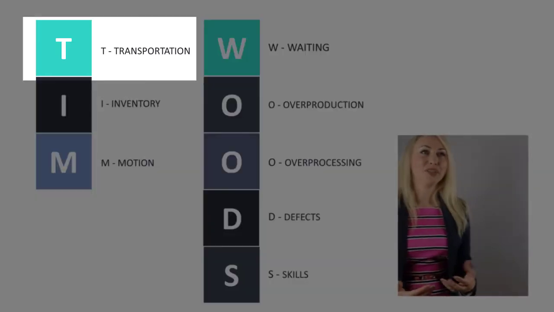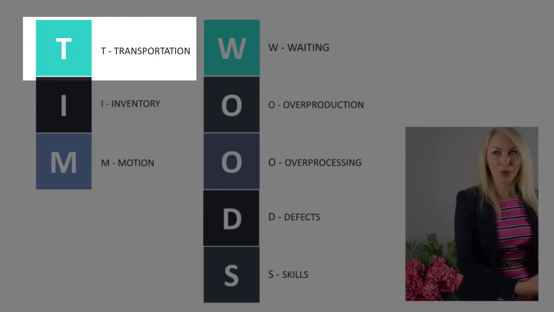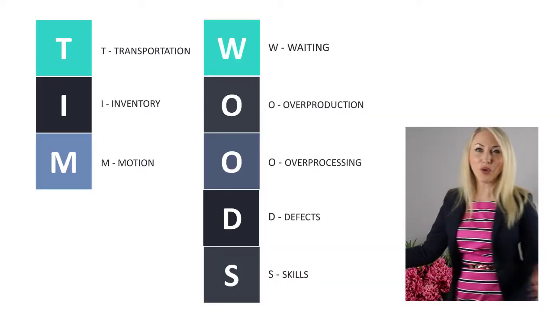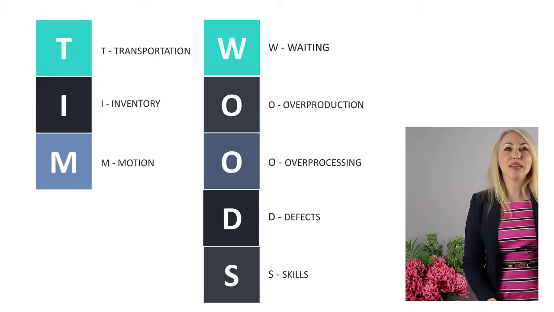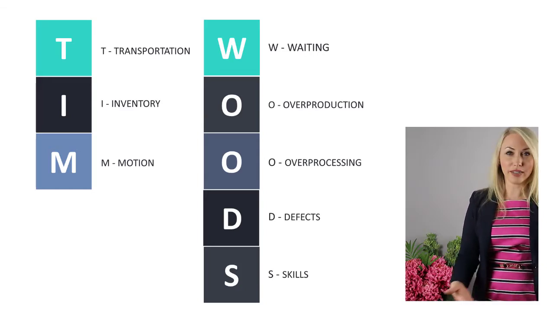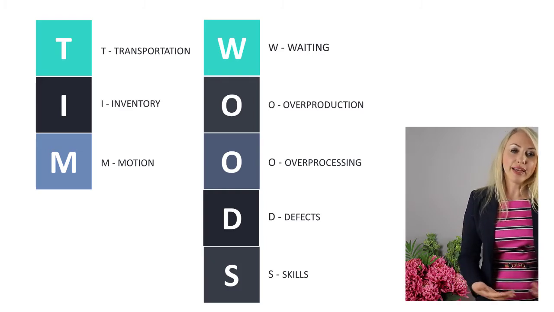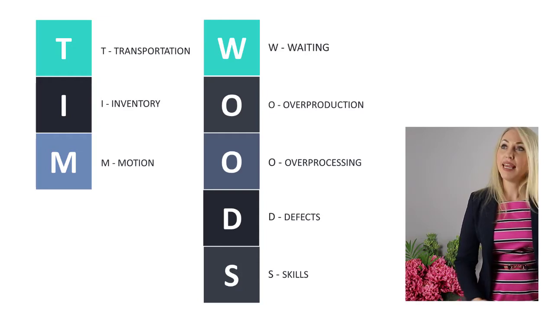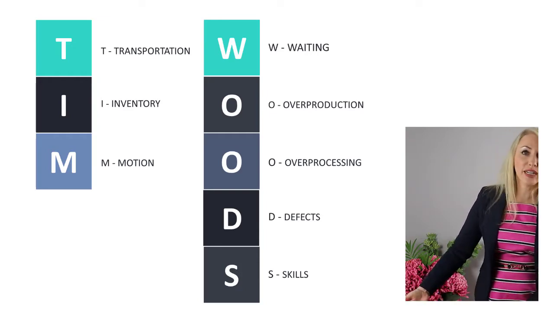T is transportation. You can imagine a manufacturing company: you would have inputs in one part of the world, you assemble a part here, and then you transport it and ship it there. Of course, you want to minimize transportation. So how would that actually apply to a utility or a utility commission? Well, most applications are very heavy in financial schedules, in tables. There's some in the narrative in the Word document, there's some attached in Excel.